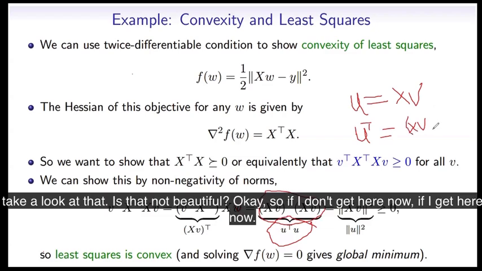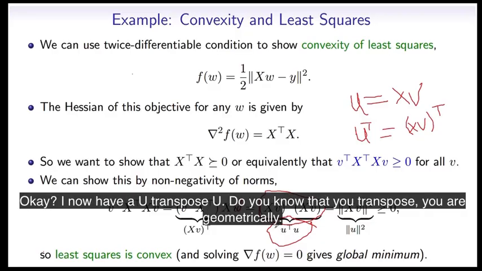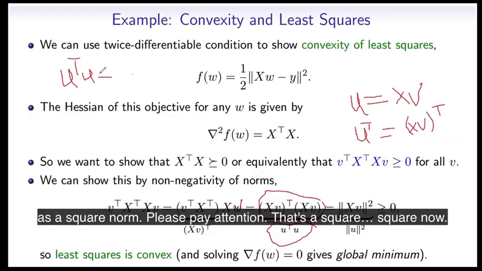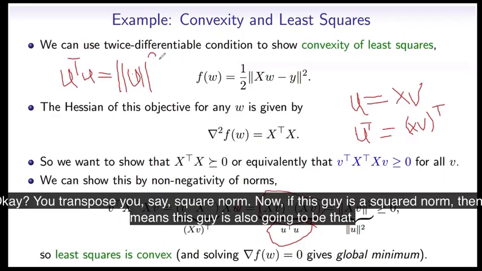Take a look at that. Is that not beautiful? Now I have a U transpose U. Do you know that U transpose U geometrically is the same thing as a square norm? Please pay attention. U transpose U is a square norm.